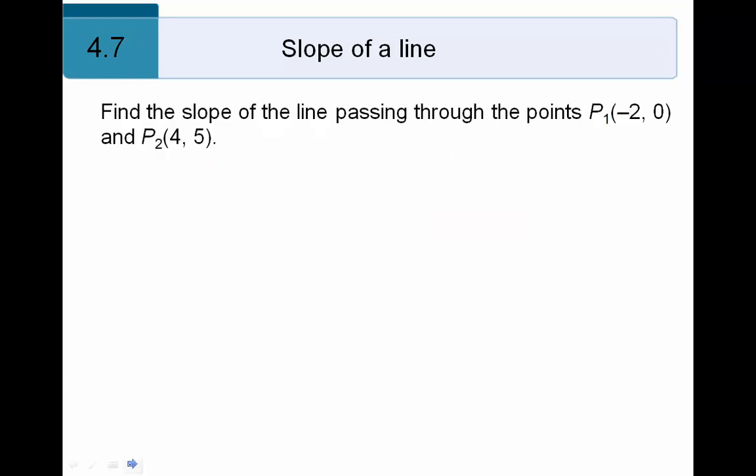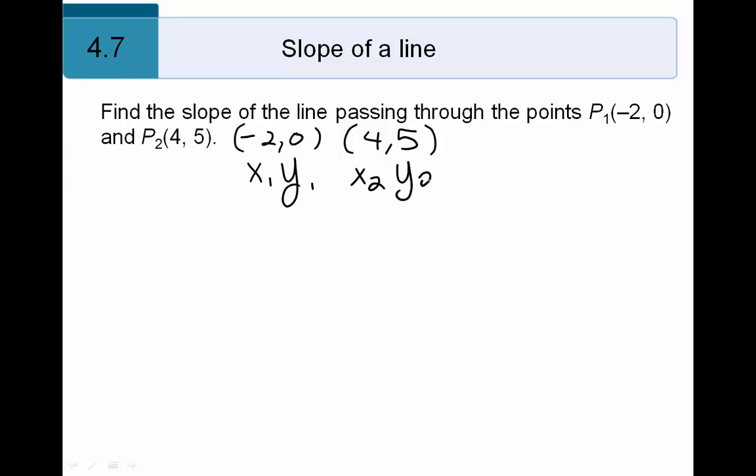Find the slope of the line passing through the points (-2, 0) and (4, 5). So I'll call this one x1, y1, and this x2, y2.